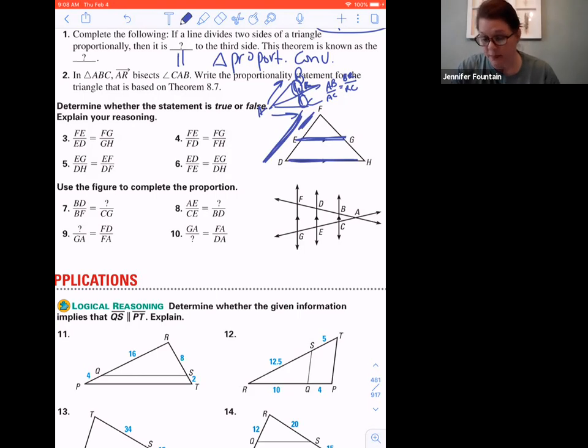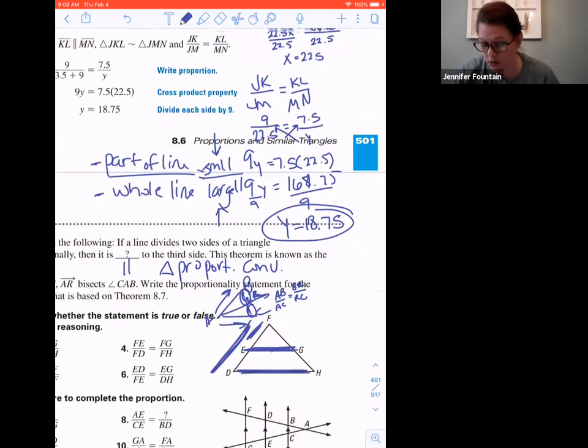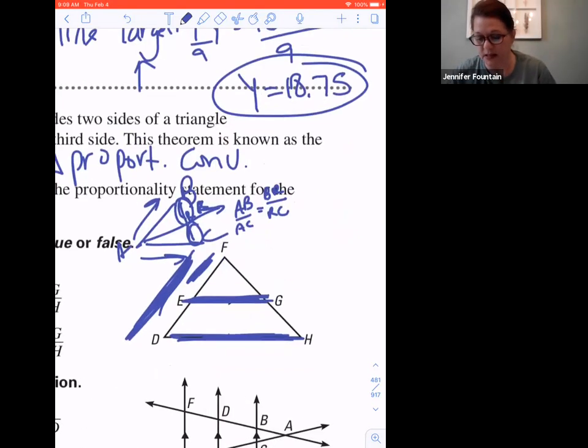That's actually just like the example we looked at a minute ago. So this is where I've got my small parallel over my large parallel is equal to the part of my line over the whole line. So this is true based on that angle postulate, but that is going to be true based on that example we just looked at, where I have my small parallel over my large compared to short side, long side.